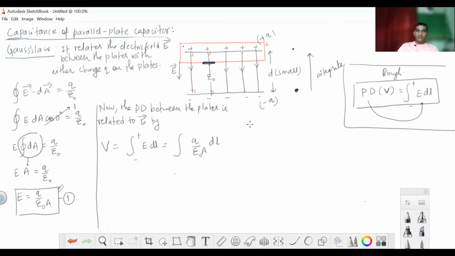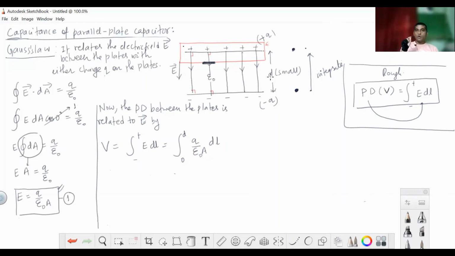The lower limit is 0 at this position, and when we reach the upper plate, the distance is d. So the upper limit is d.